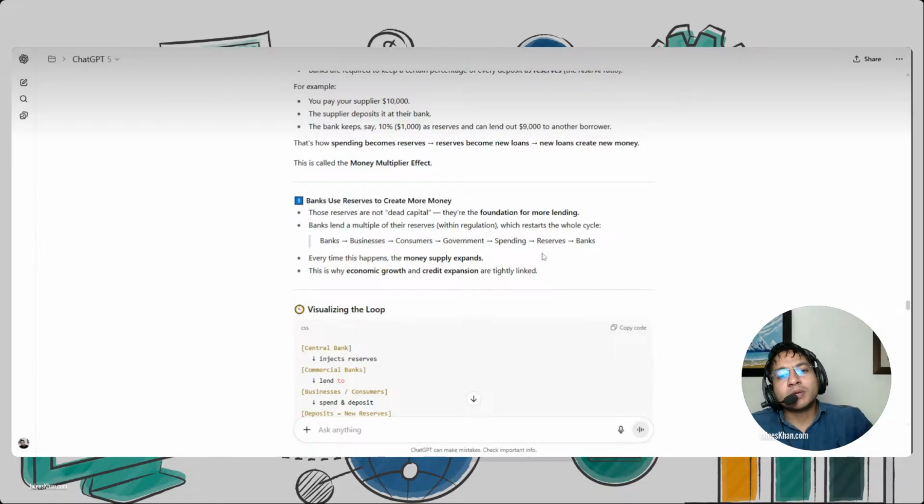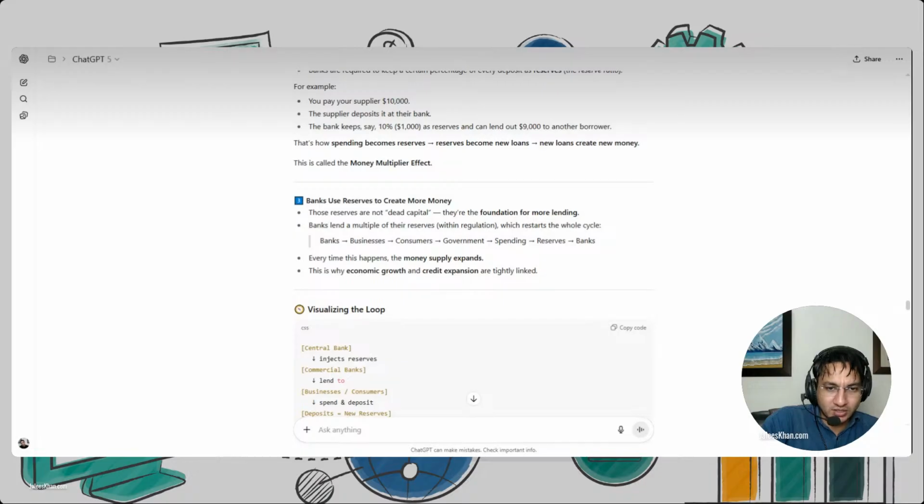So what is happening is that the central bank generates the money for the economy, then gives it to the banks, and they give it as loans to the businesses. These businesses have employees or suppliers, and they pay them, and they become customers.